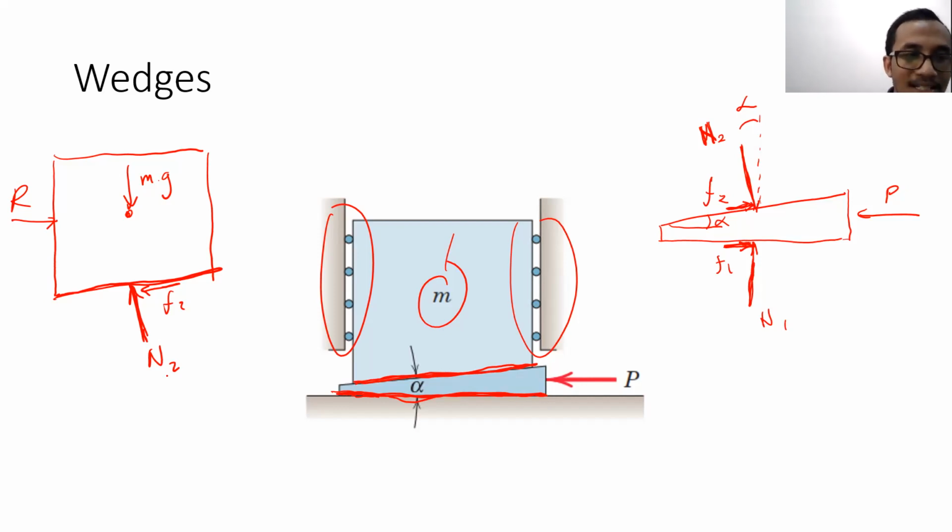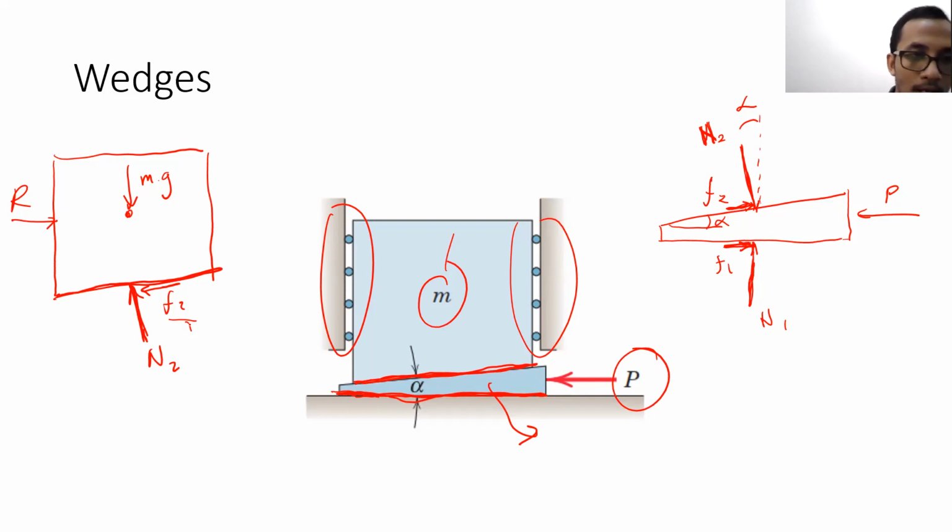Actually, we have only 2, because in order for the wedge to go inside, the friction force here is supposed to be the maximum friction force, to handle the impending motion condition.